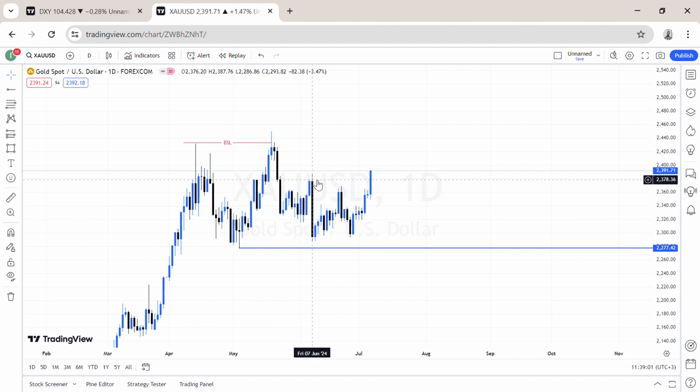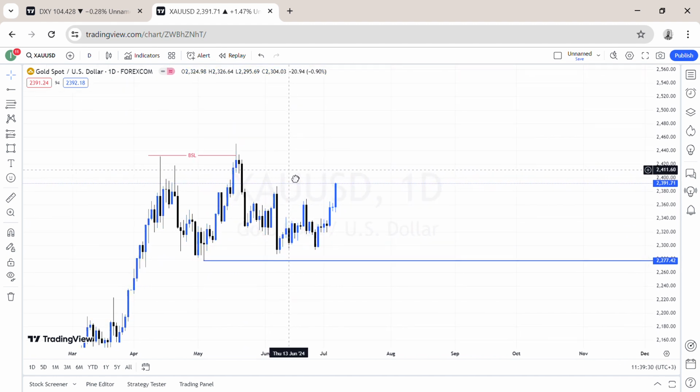Okay, so if at all this price was to come down past this swing low, displace down it, and we find the daily candles closing below, then that would be a valid market structure shift for us. But as long as we remain up, okay, as long as we remain above this swing, we are still bullish. Okay, we are still bullish.